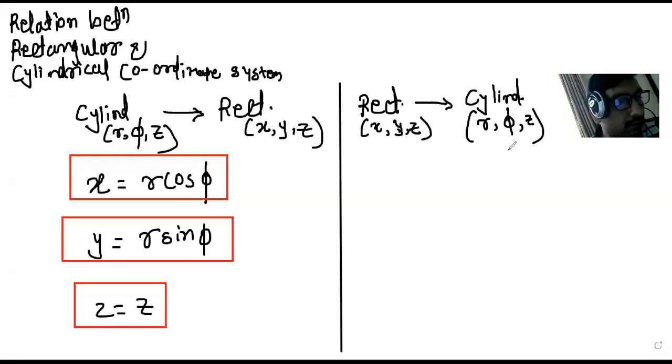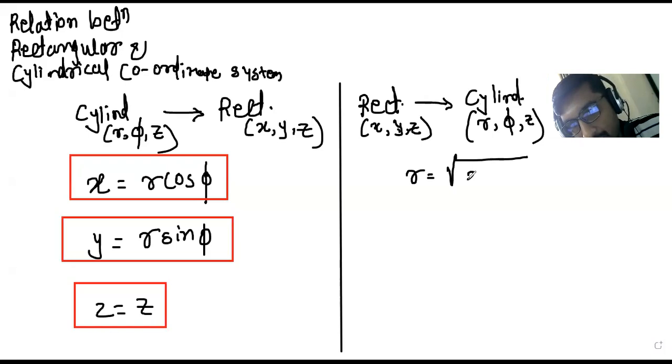Let me write some expressions here. r is equal to under root x square plus y square. This is the relation. So if you know the values of x and y, you can find r. Similarly, we have an expression for phi.